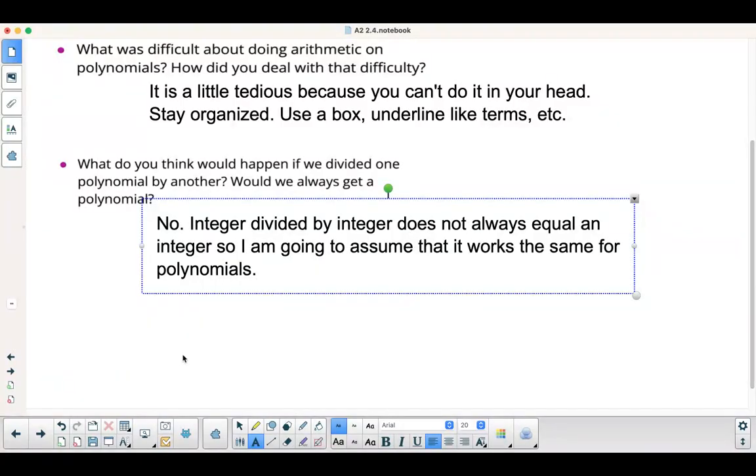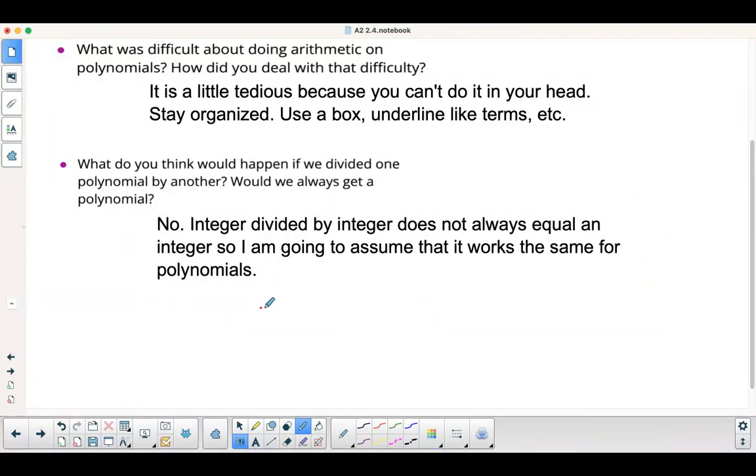And if you wanted me to draw an example here of polynomial division, we could do one. It would be something like this, maybe like 3x squared plus 2x plus 1 divided by, let's say, x plus 2.